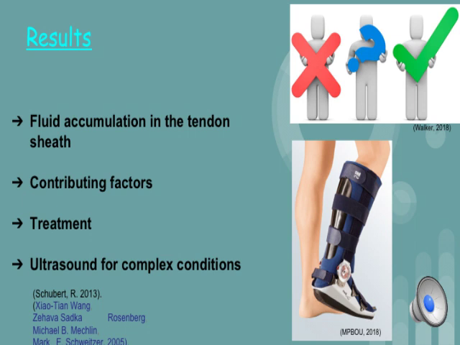In terms of results, on the MRI, we expect to find an accumulation of fluid in her peroneal tendon sheath, which would indicate peroneal tendonitis. Multiple factors such as tight calf muscles, inappropriate training, poor biomechanics, and weakness of her peroneus longus muscle might have contributed to her condition.